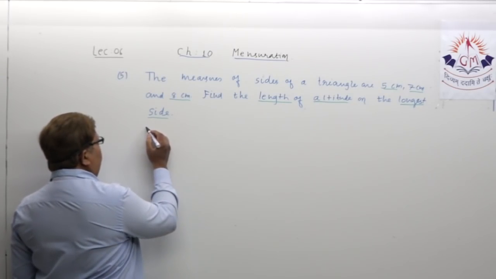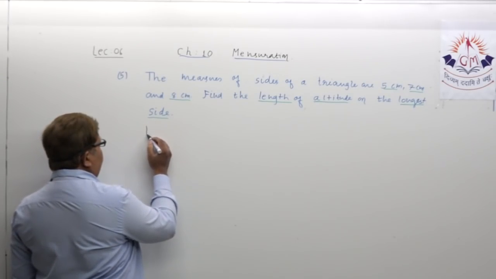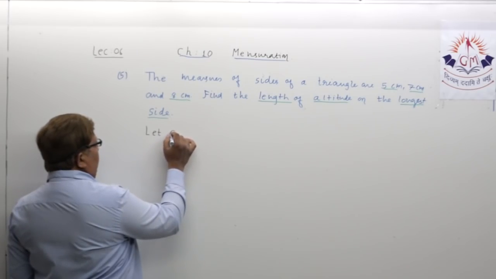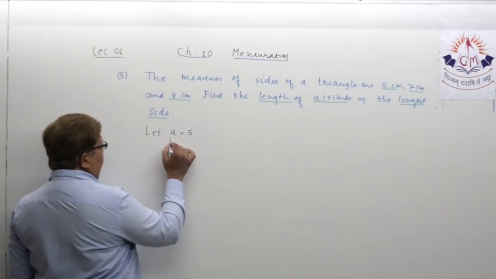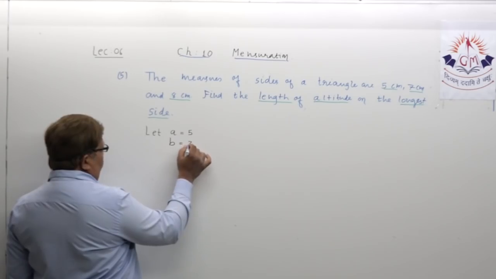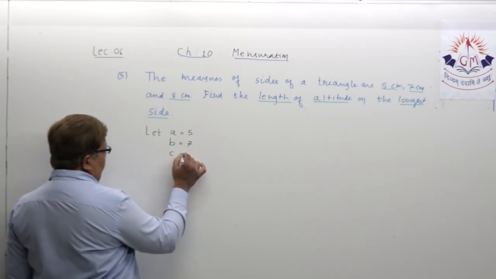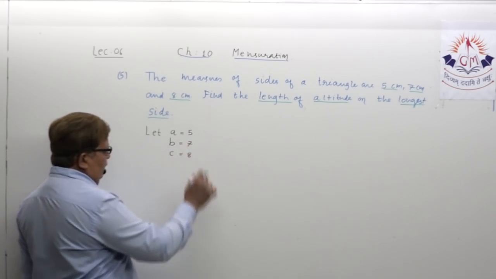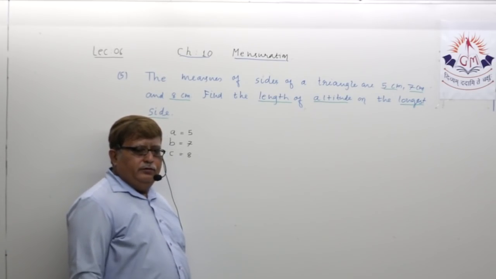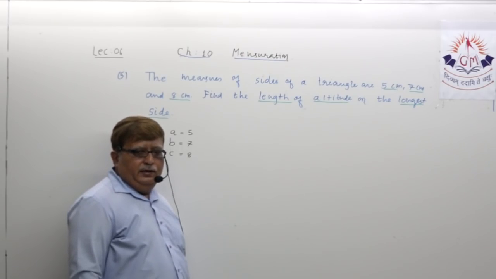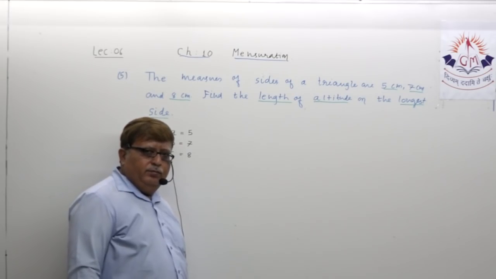Just now, let a equal to 5 centimeter, b equal to 7, c equal to 8, okay? What just now I discussed, many students might be thinking and the idea may have been generated in their mind.